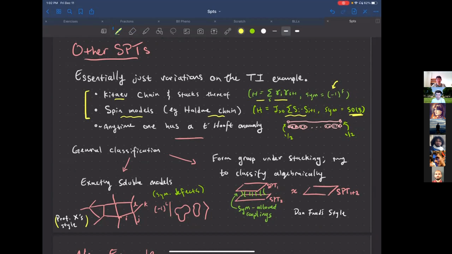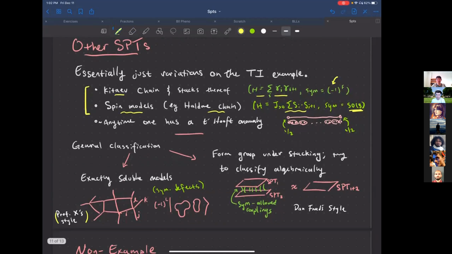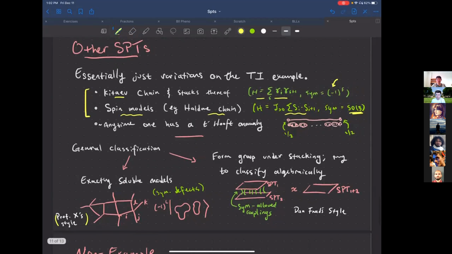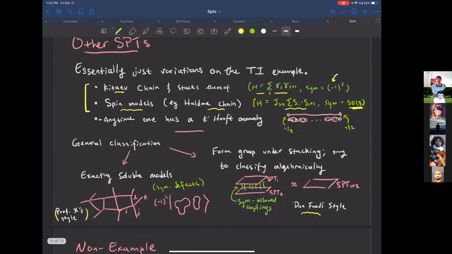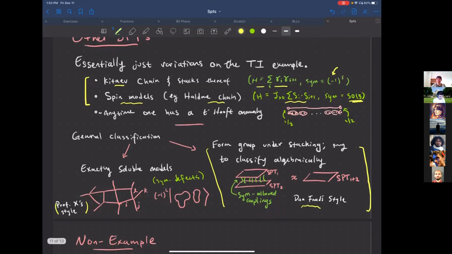Another perspective is to approach them more formally in a more algebraic language. This is the style of Dan Freed and people. My understanding is that the formal classification of these things, though maybe there are some subtleties when you have fermionic degrees of freedom, has essentially been solved within this framework.